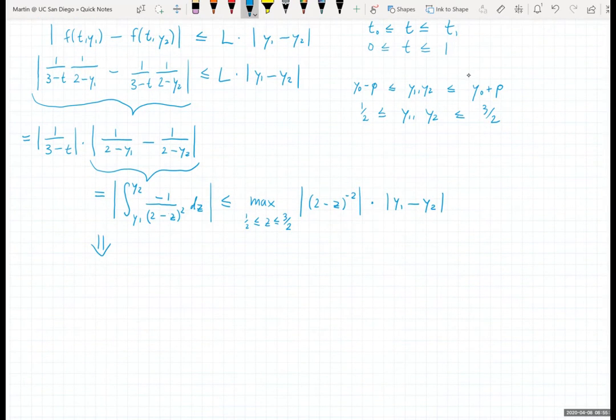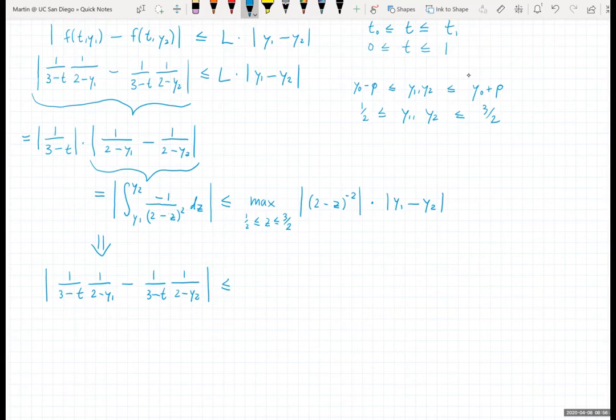The conclusion is as follows. You've got 1 over 3 minus t times 1 over 2 minus y1 minus 1 over 3 minus t times 1 over 2 minus y2, and take the absolute value of that.